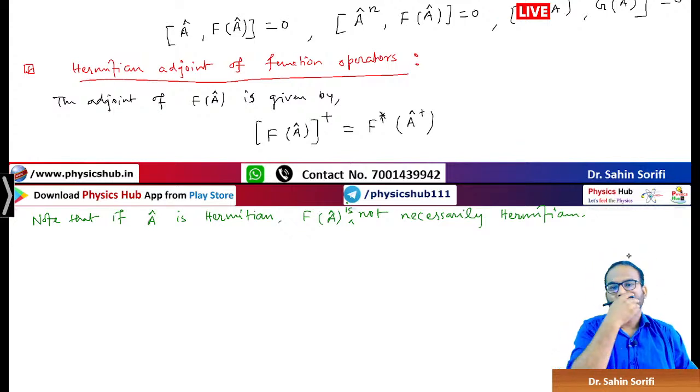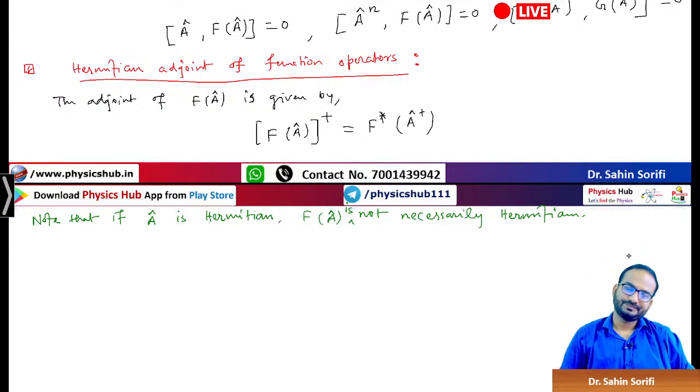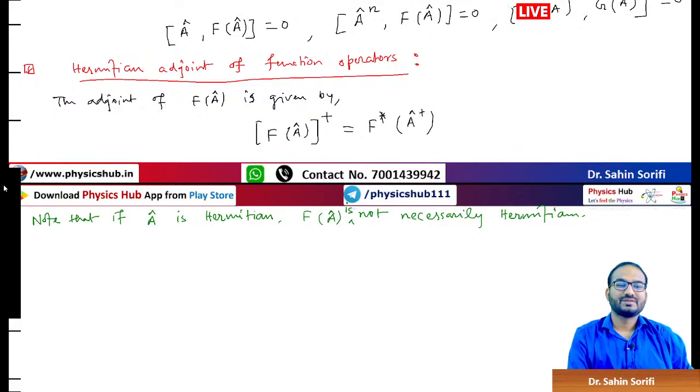So when will it be Hermitian? You see, f of A dagger is equal to f star of A dagger. Now if f star becomes f, then you can say it is Hermitian. So under what condition will f star of A dagger be f of A?